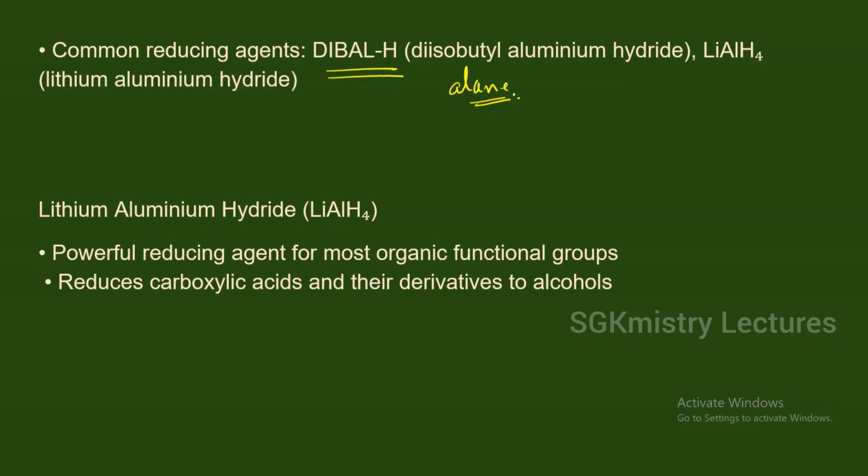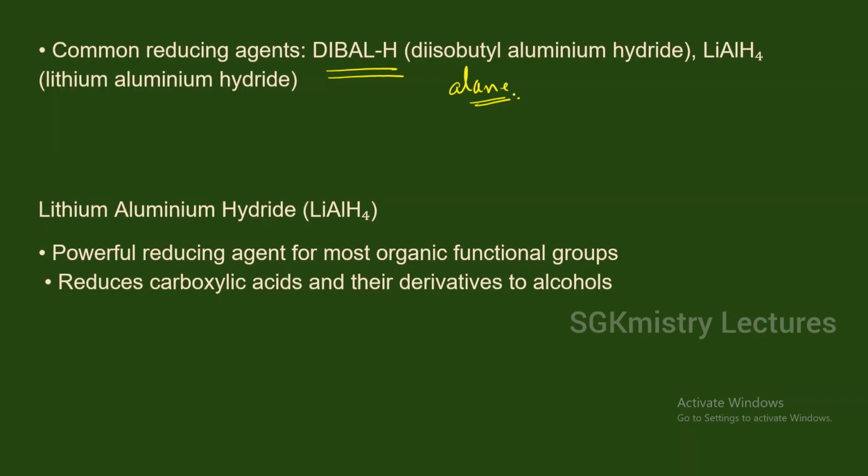When you use alanes as the reducing agents, the order of reactivity will be different: the acids will be highly reactive, the carboxyl group, then the acid amide, then the esters, and least for the acid chlorides. That is also one thing you need to remember when we use alanes as the reducing agents.